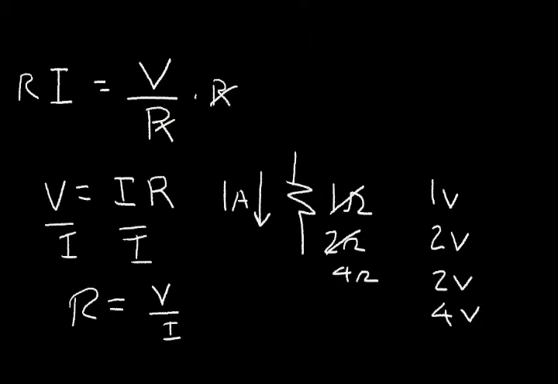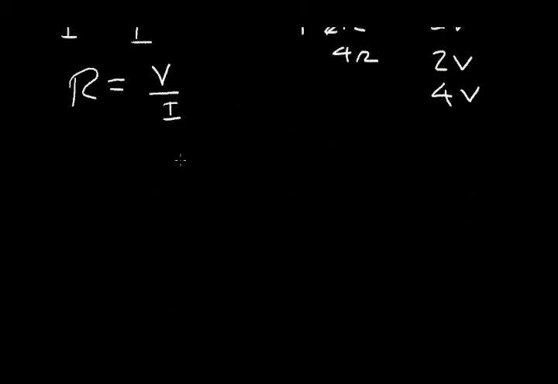Let's think about that just a little bit. If we have a resistor, say we don't know what it is, but we have an ammeter here, and we measure a current. We have a voltage that we can measure across the resistor with a voltmeter V. And let's say that we measure very little current.